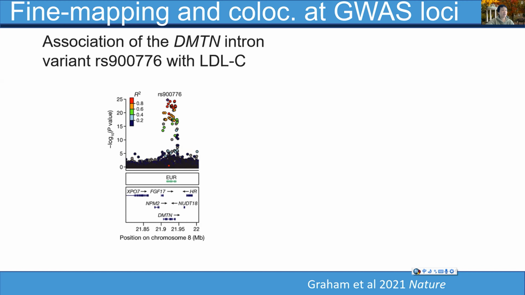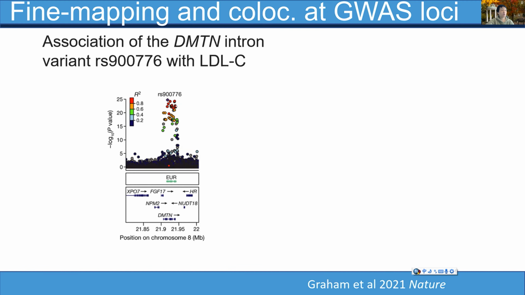Gao nicely already showed this so-called LocusZoom plot, so I won't need to explain what that means. And here's the LocusZoom plot in European ancestry individuals. Similar to the plot Gao showed, you see a bunch of variants in high LD with the index variant also showing a highly significant p-value, between 10 to the negative 20 and 10 to the negative 25.